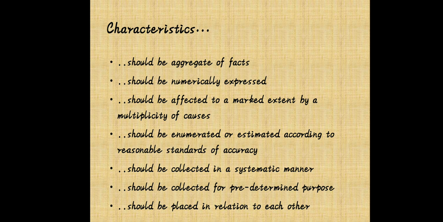Definitely when we study statistics in a numerical unit, we can find that there are n number of ways to find out the output of collected data. So the multiplicity of causes should be enumerated and estimated according to reasonable standards of accuracy.